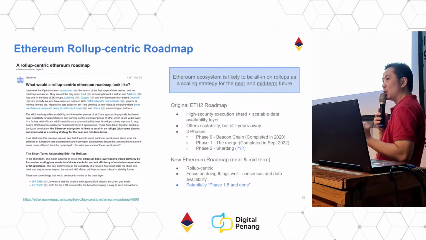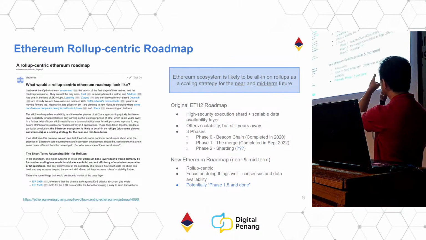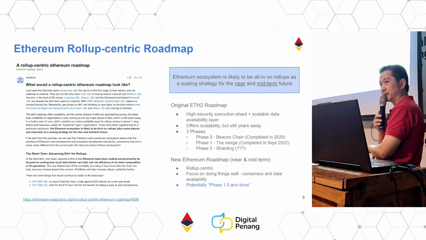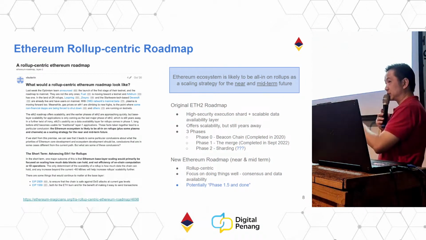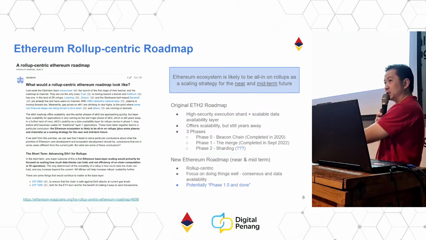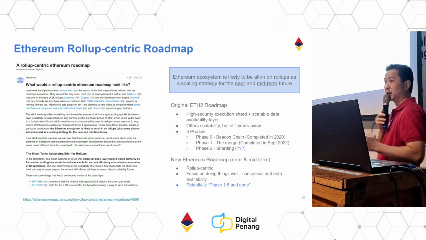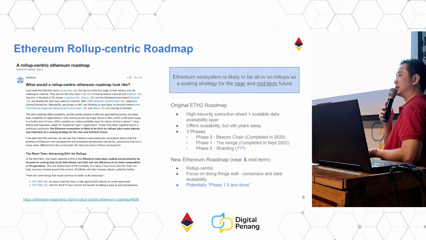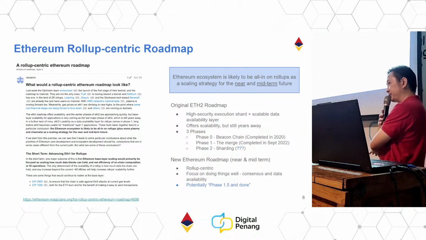And there is no more requirement to go back to the original roadmap to do the sharding. So that is why there is a potential that we just stop there, and the future will be just rollups. So if you are developers, you most likely will need to develop on a rollup rather than on the main chain Ethereum.